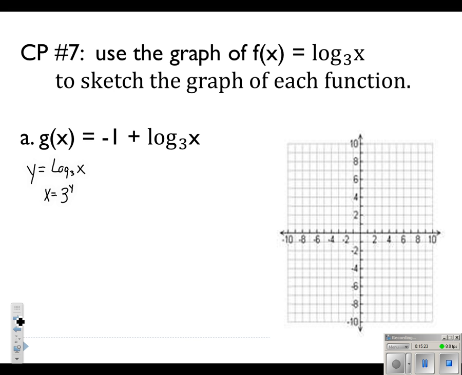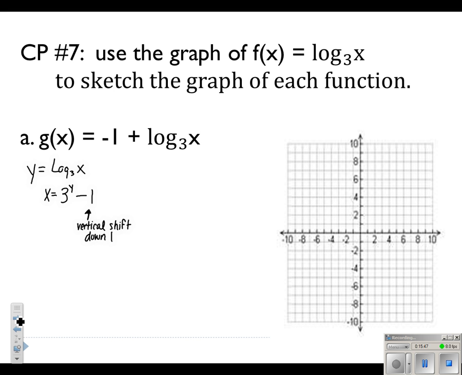We've been working with that already. That should look familiar. And then we still have that minus 1 in there. Remember from the past, what does it do to our graphs if we have a minus 1 tacked on the end of our function? That one was that vertical shift down 1.